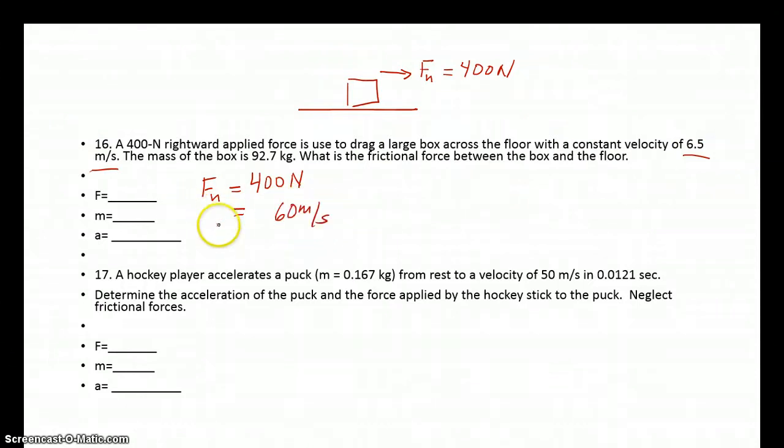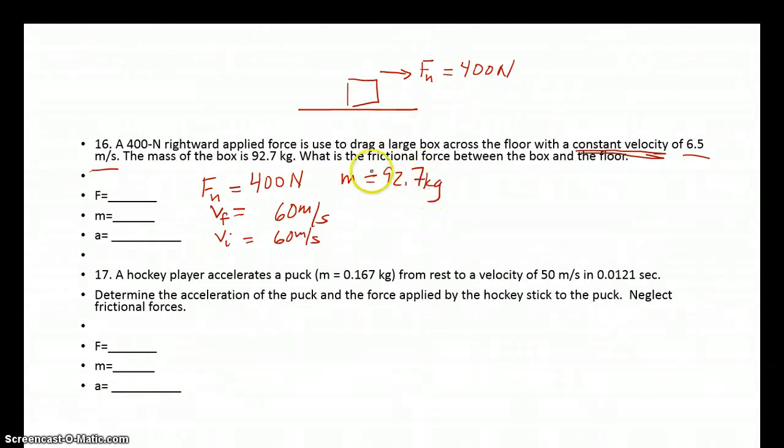I'm looking for a second velocity, but I notice these key words here: constant velocity. That means that my final velocity has to be exactly the same as my initial velocity because it's not changing. It's constant. So I do actually have two velocities here. Next thing is mass. Mass is 92.7 kilograms.